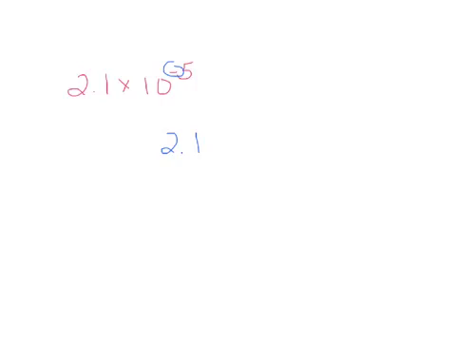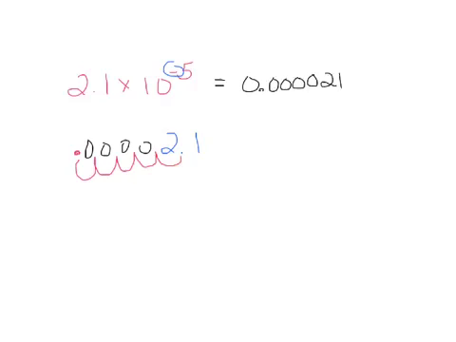So in order to get that small value, I'm going to move the decimal place to the left to make the number smaller. Since the exponent is 5, I need to do 5 loops. And I'll put my decimal here. I then fill in the loops with zeros, so my answer will end up being 0.000021.